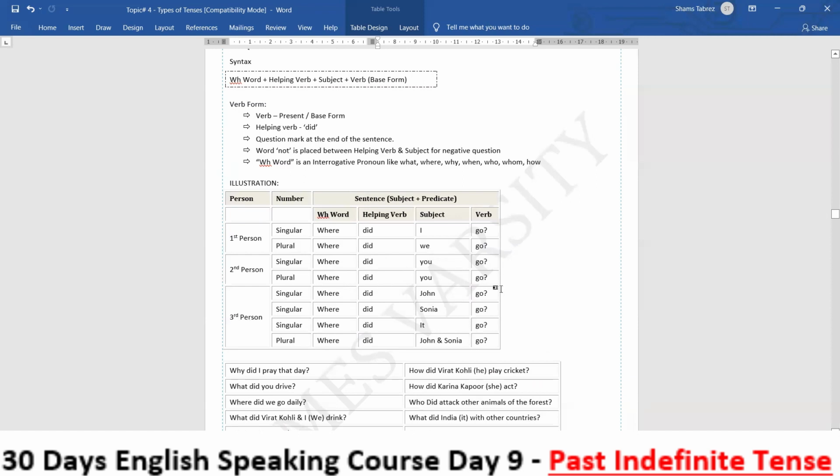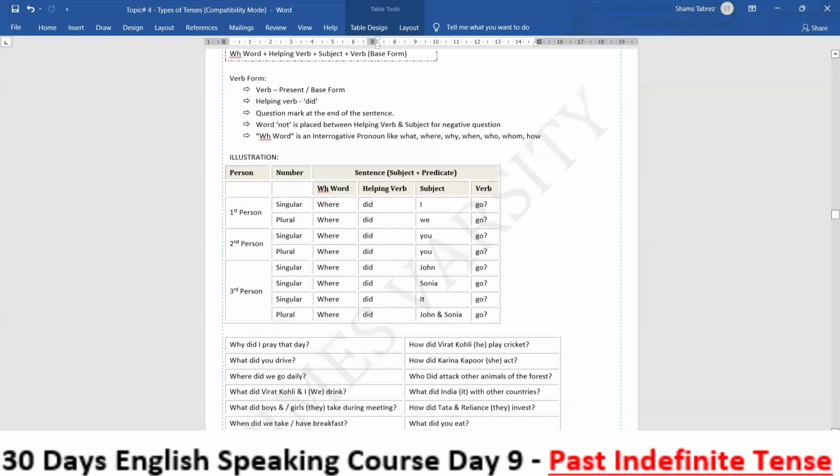Where did you go? Where did John go? Where did Sonia go? Where did it go? Where did John and Sonia go? So we are adding the WH word, then helping verb, subject, verb, and the verb is the first form of the verb.